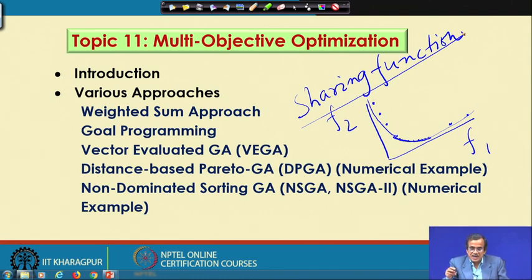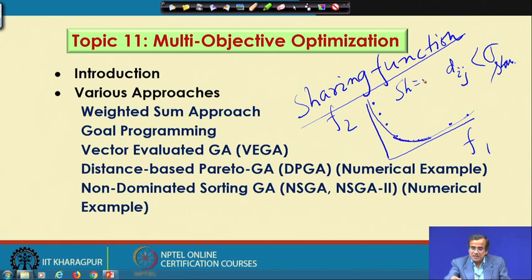How to implement it? To implement the sharing function, we take the help of Euclidean distance. The Euclidean distance between 2 points i and j is d_ij. Now, if d_ij is found to be less than some pre-specified value, called the sigma share value, we give some non-zero value to the sharing.